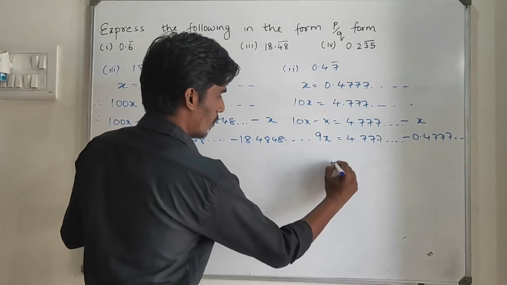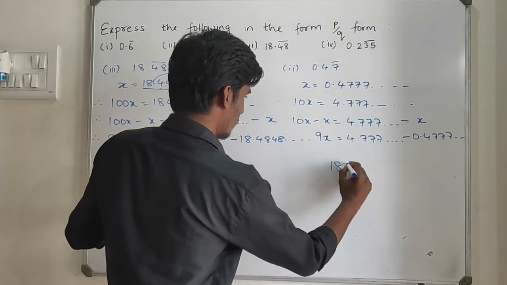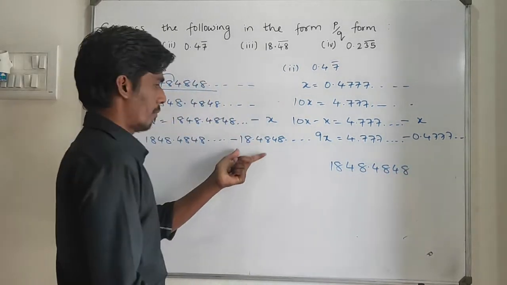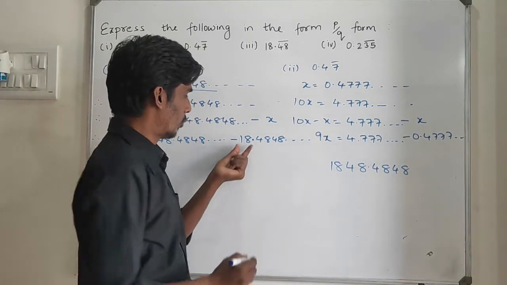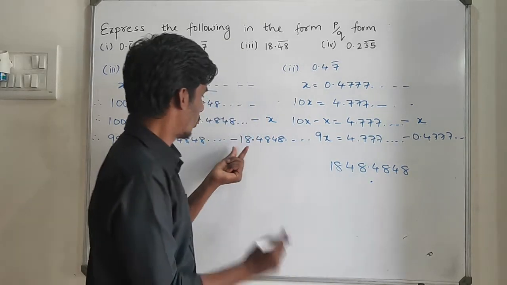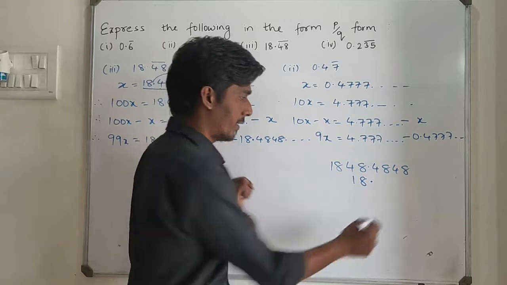Now while subtracting this number, this is a two digit number. So decimals we have to take under decimals only. So this 18 I am going to write here. So you have to take care while subtracting this part.